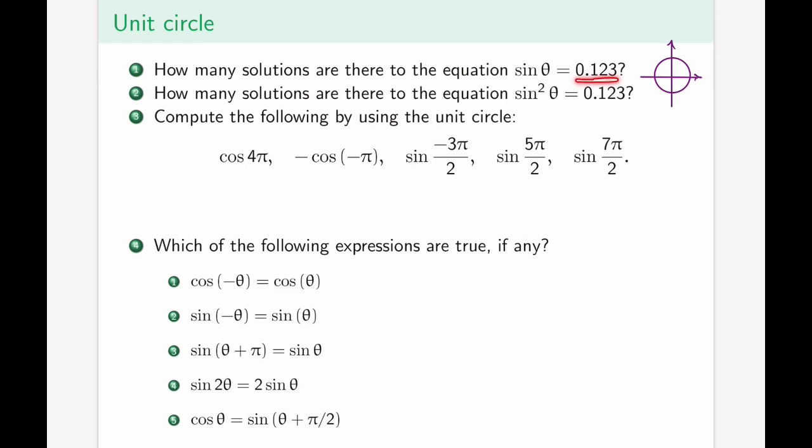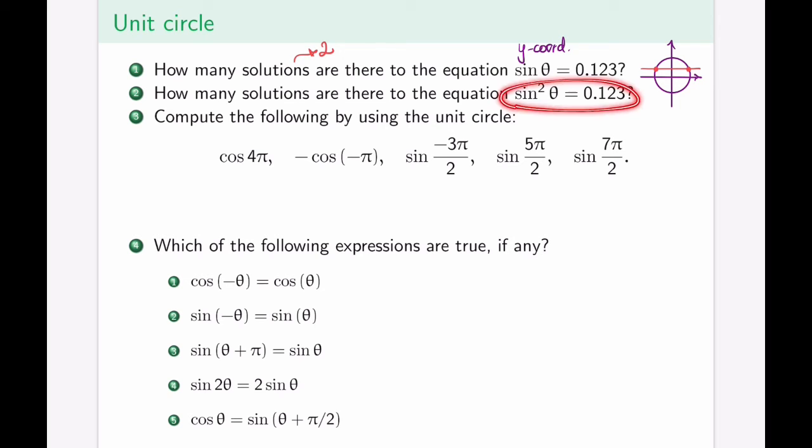If sine of theta is equal to some value, remember that sine of theta is the y-coordinate, then this is asking simply how many times does the y-coordinate equal this value on the unit circle. The y-coordinate equaling a number means I am after a horizontal line here, so I can see that any horizontal line will intersect my unit circle in 2 points, which means that I have 2 solutions.